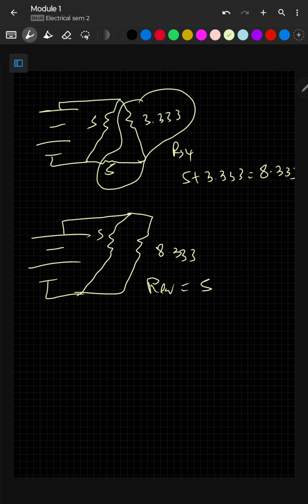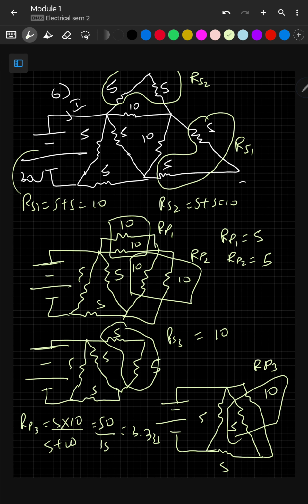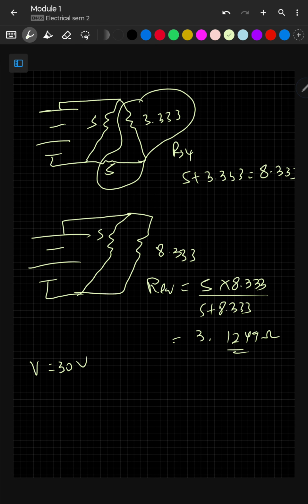But the question doesn't end here. The question is to find current. So voltage they had given us 30 volts, and we have to find the current. And R equivalent we have found 3.124, and always you have to find the current based on the R equivalent, not any random resistance.